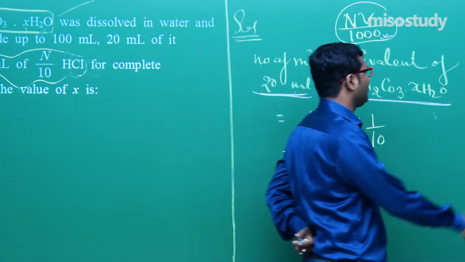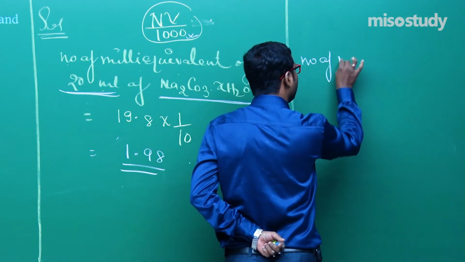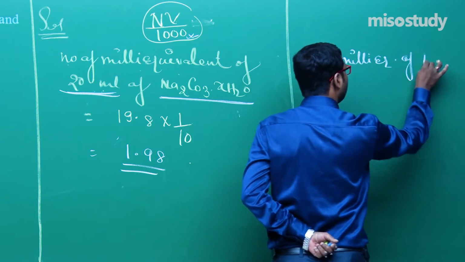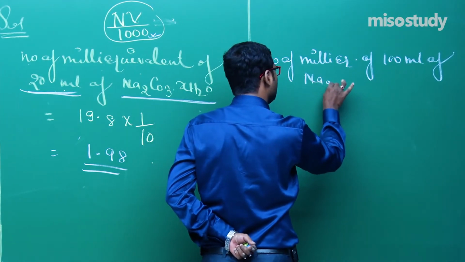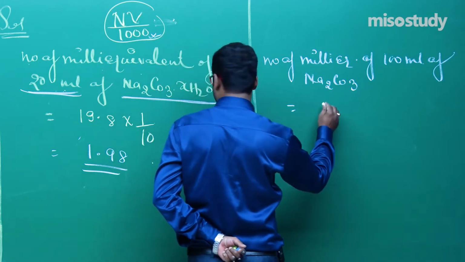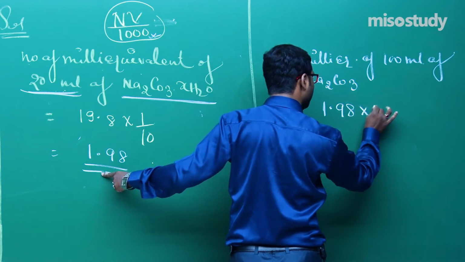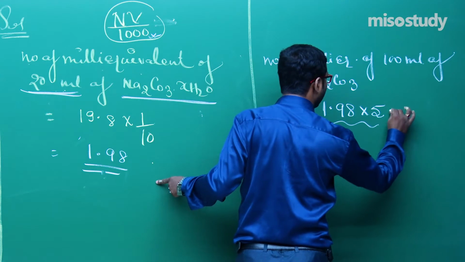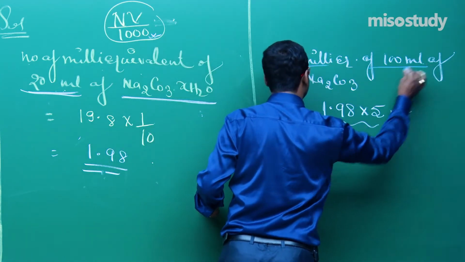Now we can say the number of milli equivalent of 100 ml of Na2CO3 is equal to 1.98 multiplied by 5. Clear to you what I'm telling? As we know, what do you mean by milli equivalent?